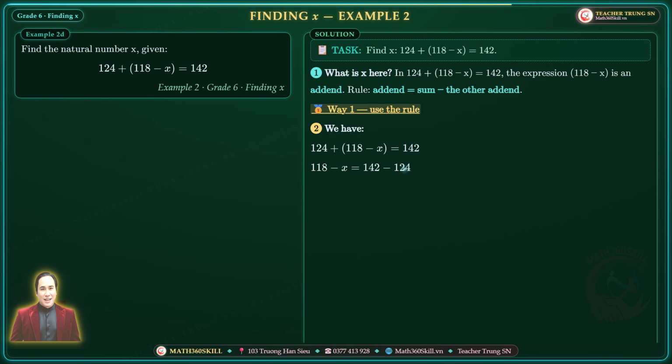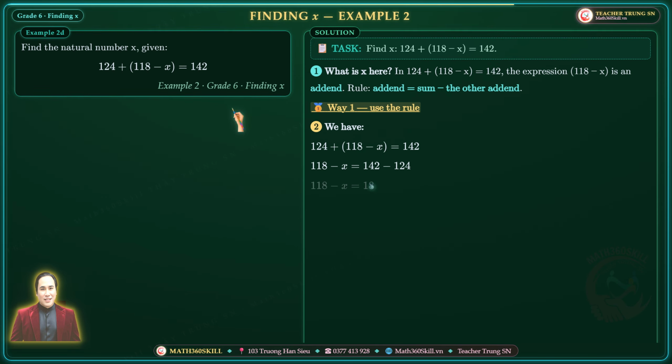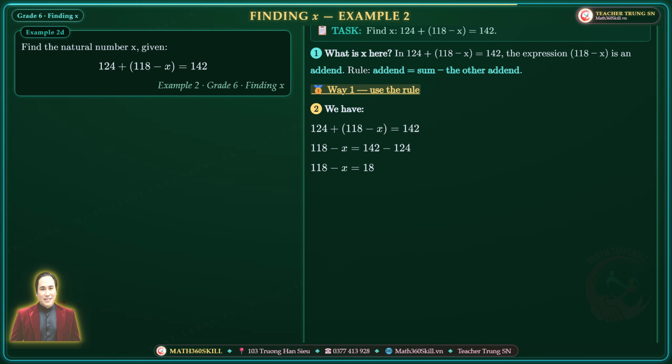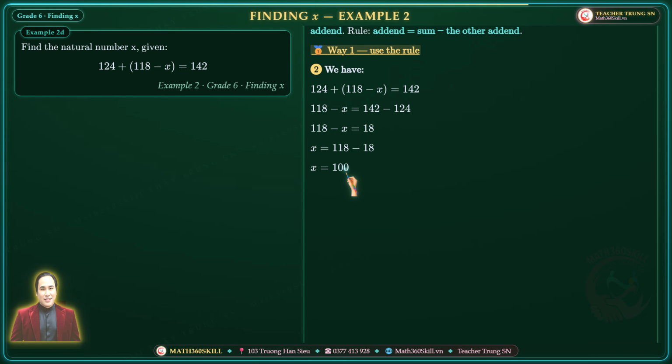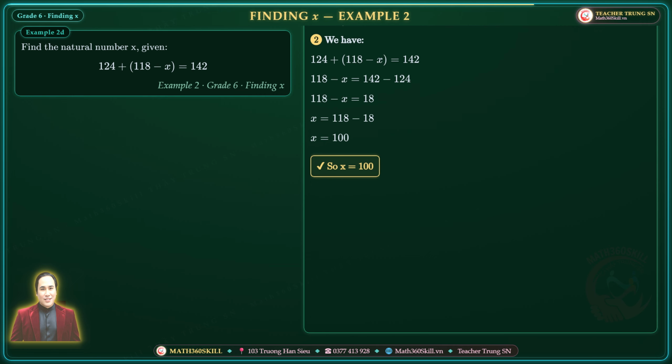So 118 minus x equals 142 minus 124. That is 118 minus x equals 18. Now x is the subtrahend, so x equals 118 minus 18. And x equals 100. So x equals 100.